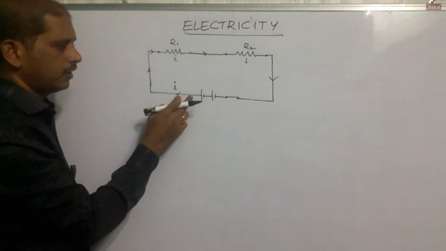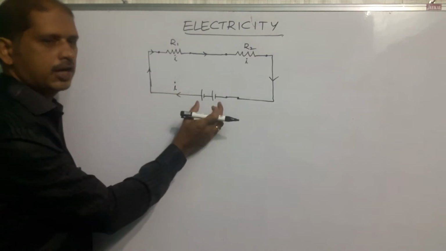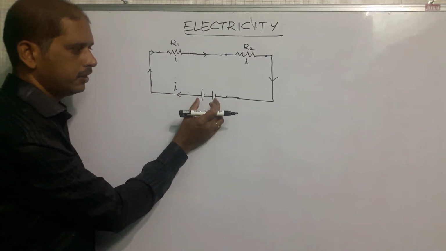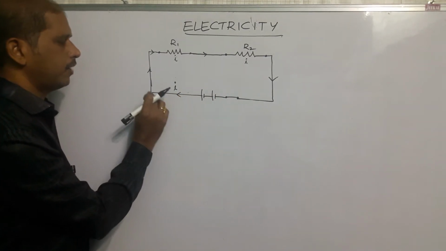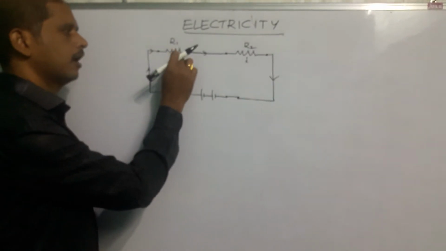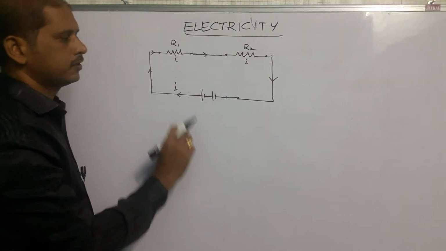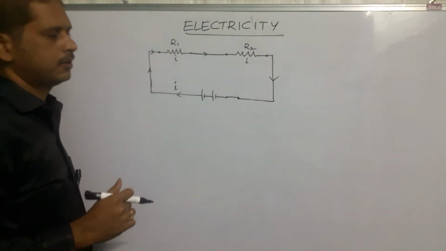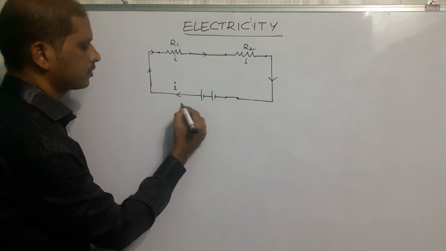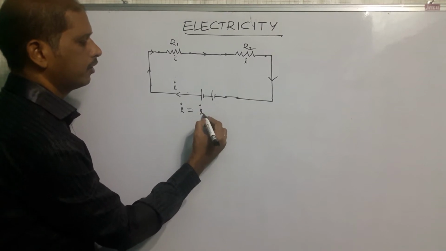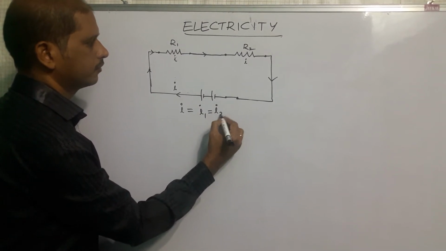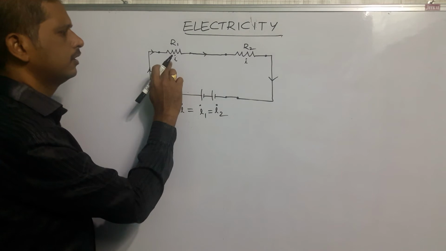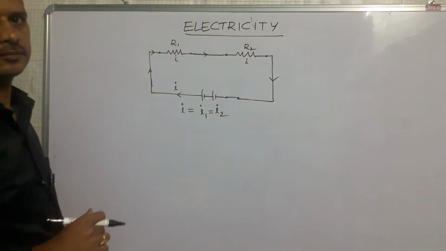Whatever electric current is produced because of the potential difference created by the battery, the same current passes through R1 and R2. So the current through R1 and R2 is the same, I is equal to I1 is equal to I2.